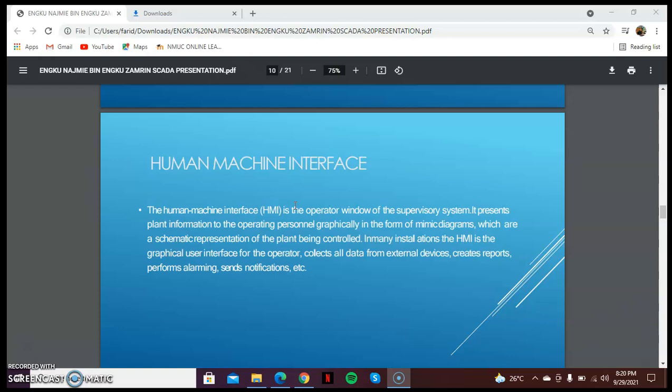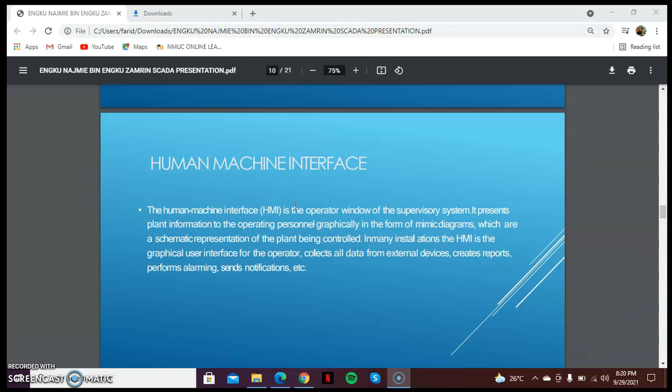It presents plant information to the operating personnel graphically in the form of mimic diagrams, which are schematic representations of the plant being controlled.